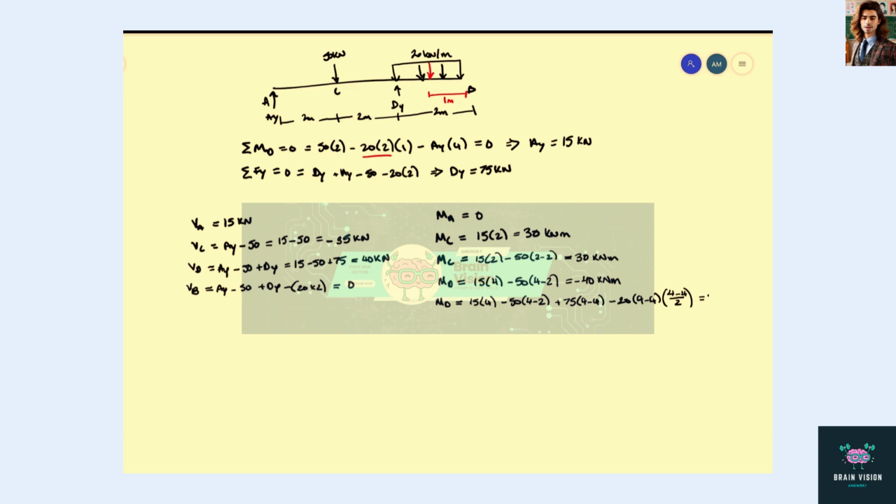And that's equal to 30 kilonewton meters. And last but not least, we look at B. And for B, we have 15 times 6, our entire distance, minus 50 times 6 minus 2, plus 75 times 6 minus 4, minus 20 times 6 minus 4 times 6 minus 4 over 2. And that all equals 0.